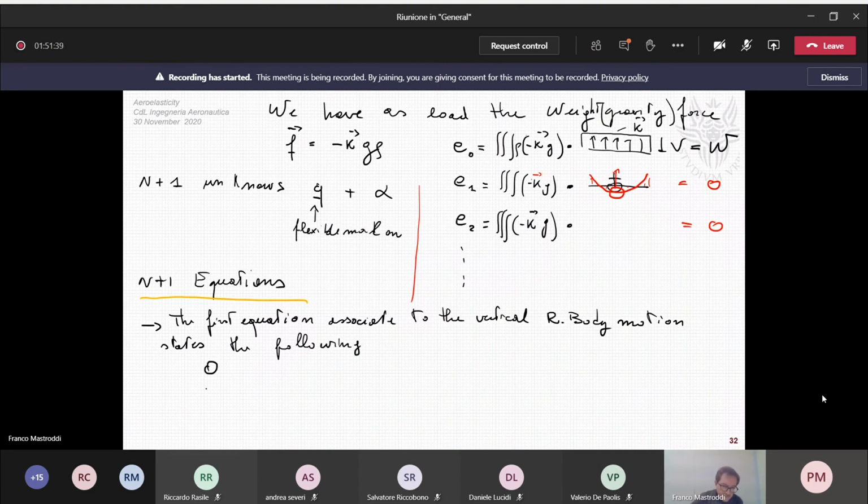Zero elastic force. Of course, the rigid body motion is rigid, so we don't have any elastic reaction in our equation.